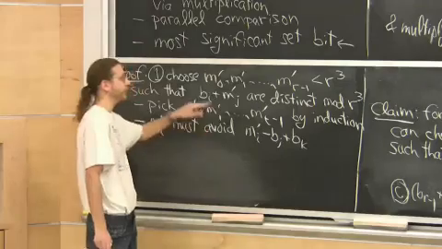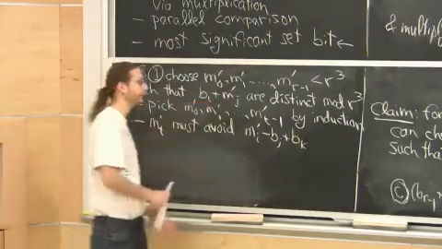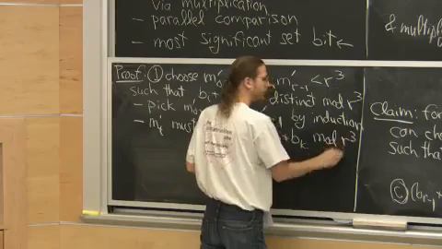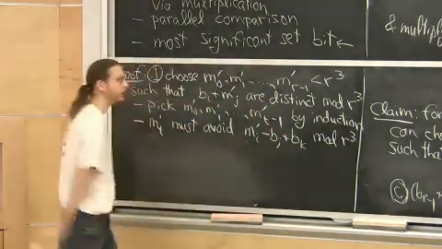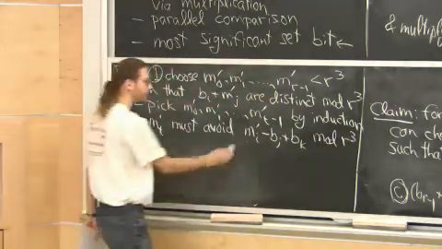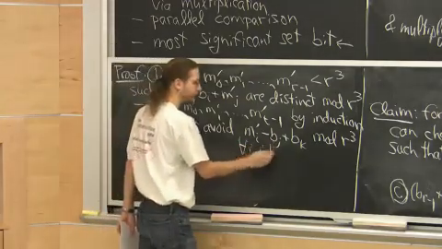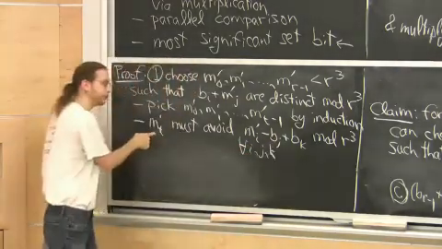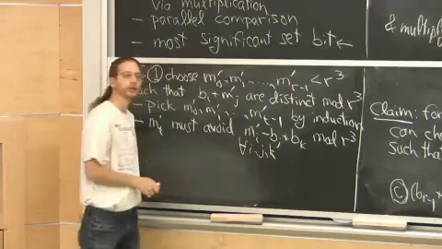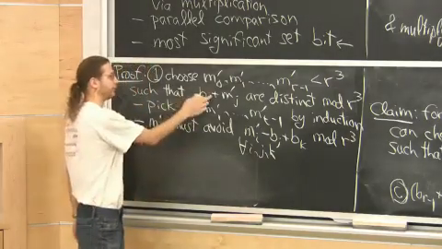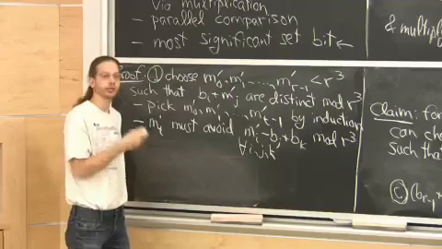In other words, all of these things will be distinct. So it has to avoid this modulo r cubed. If I can avoid all of these things, so this is for all i, j, k. If I can choose mt prime to avoid all those, then I'm happy. Because then these things will continue to be distinct, and then I apply induction.